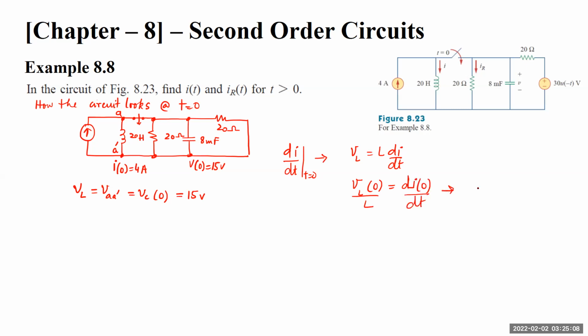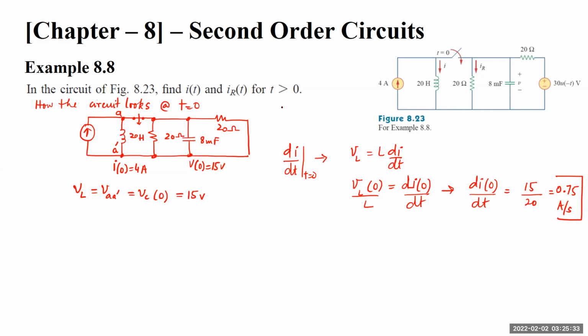From there, I can easily find my di/dt at 0, and this value will be 15 divided by 20, which is 3/4 or 0.75. Again, this is amperes per second. So this is the second initial condition which we will be requiring.